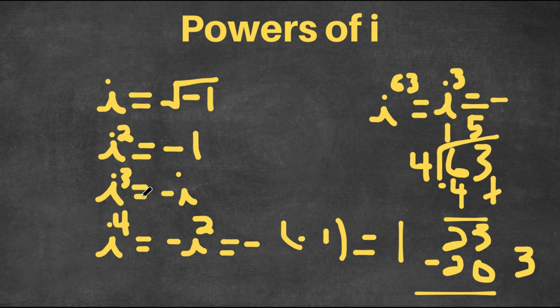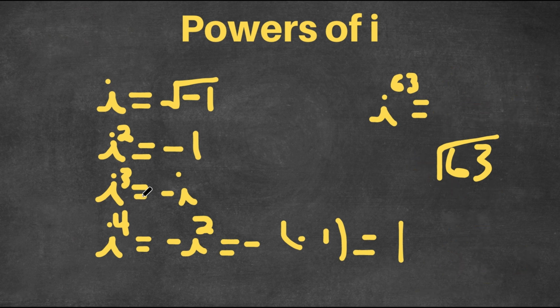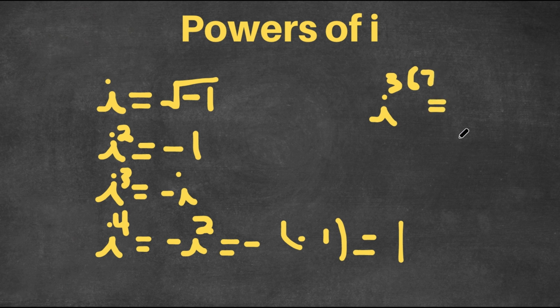So let's try one more. Let's do i to the power of 367. Now, what would this be? Well, we're going to have to divide 367 by 4.